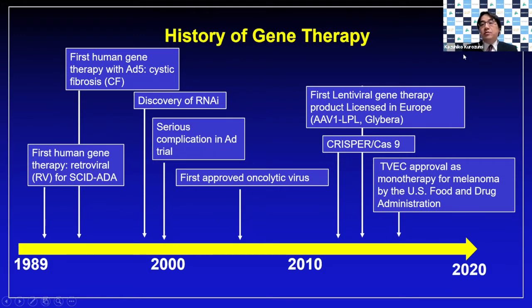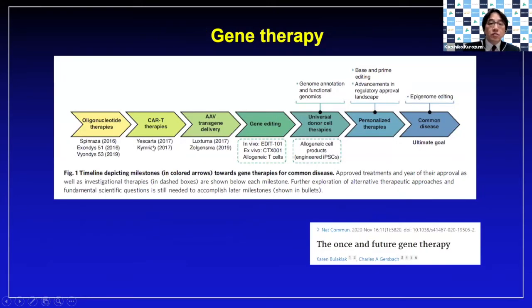This is a very popular therapy, I think. This is also history. Around 2016, oligonucleotide therapies and CAR T therapies, then AAV transgene and gene editing started like this.